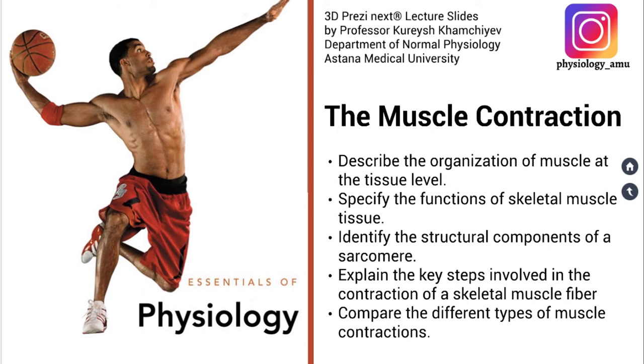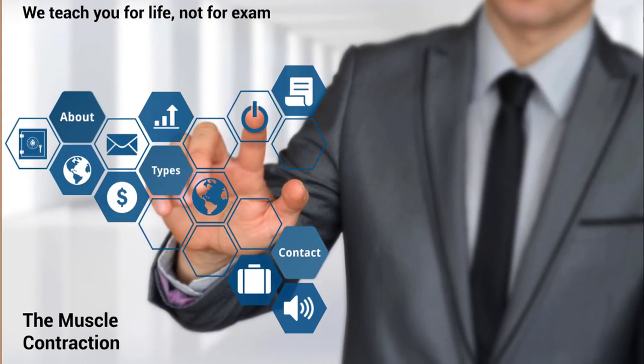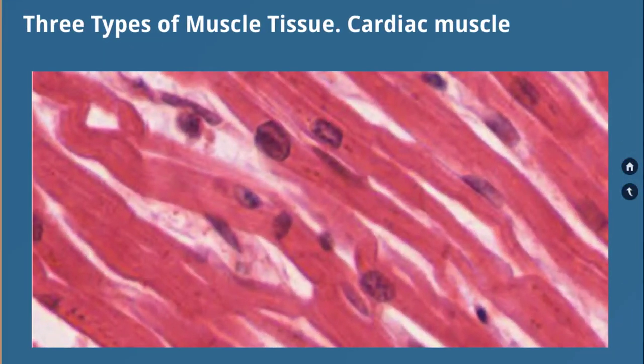Our first question is the organization of muscle as tissue, at the tissue level. Muscle is one of the four primary tissue types of the body. And the body contains three types, as we said, of muscle tissue: skeletal muscle, cardiac muscle, and smooth muscle. All three muscle tissues have some properties in common. They all exhibit a quality called excitability.